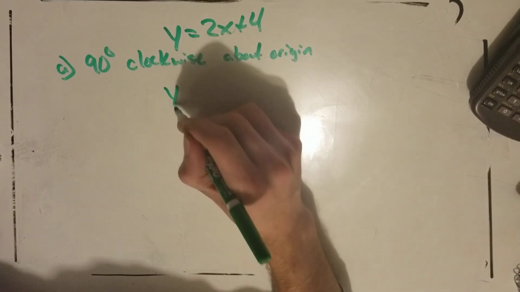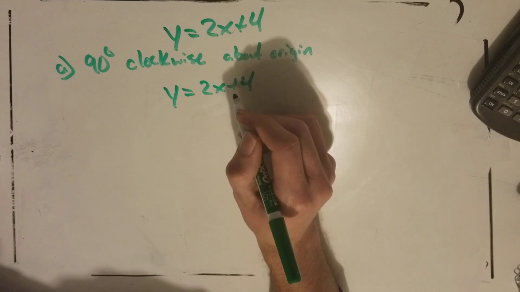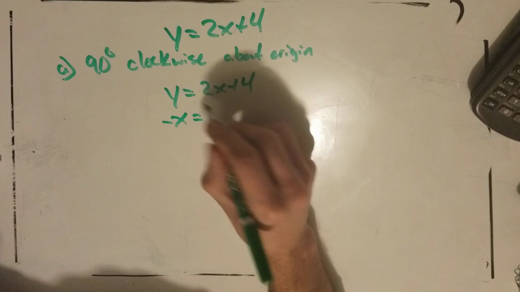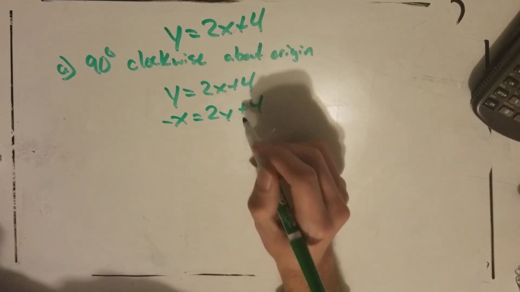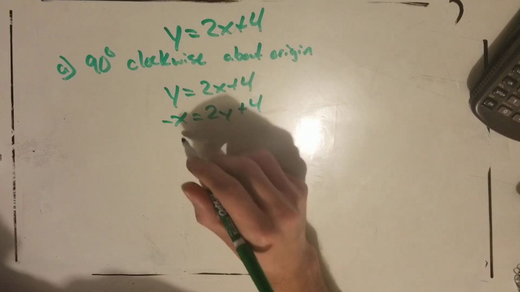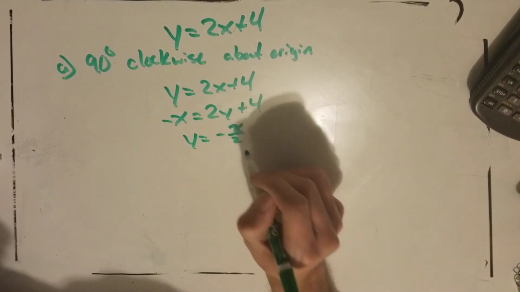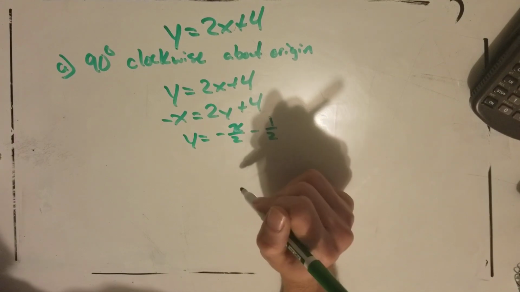So we had the equation y equals 2x plus 4. Your x is going to change signs and become your y, and y is just going to become your x. Then you're going to solve for y. So subtract 4, divide everything by 2. So y is going to be negative x over 2 minus 1/2.